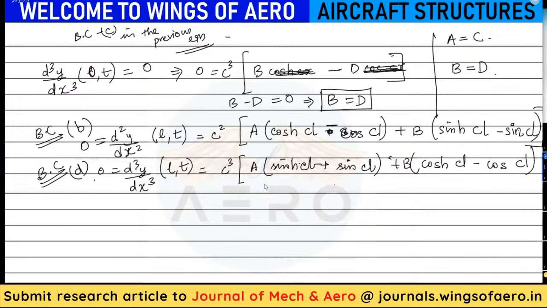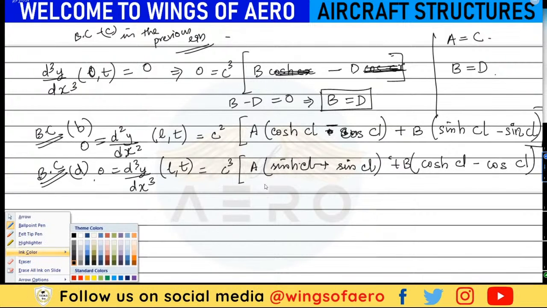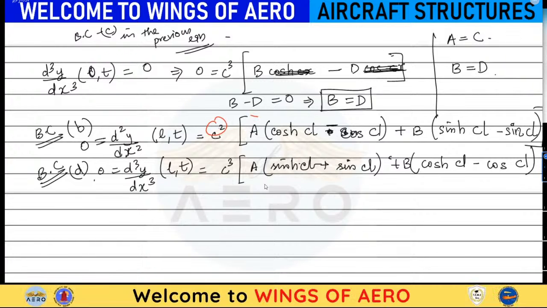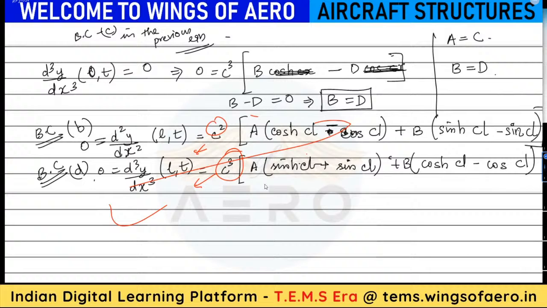Now what we can do is equate both sides to 0, and if you are trying to equate to 0, c square will go to the other end, it will also become 0, this c cube will also go to the other end, it will become 0. So finally, oh, just a second.